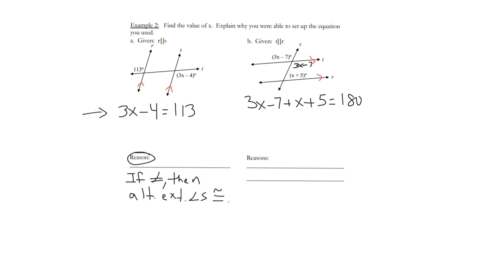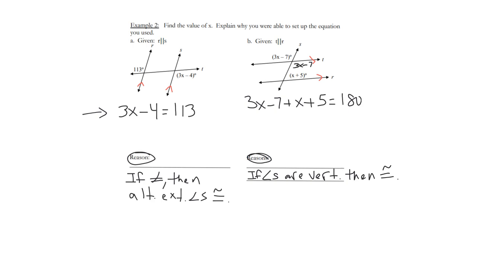So why do we have two reasons down here? Well, because the first thing we had to write is if angles are vertical, I'm going to abbreviate that too, then they are congruent. And we've known that from other lessons.